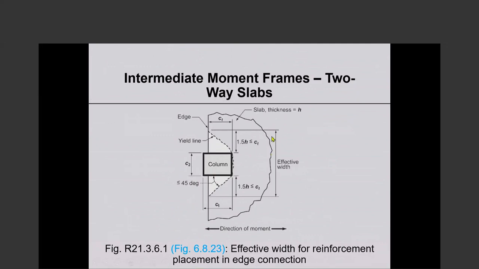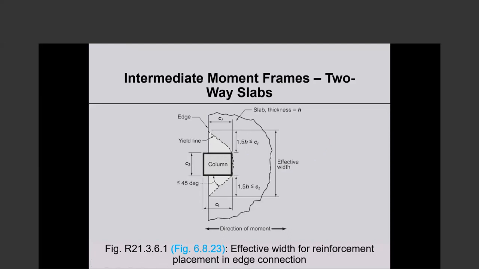So the width of the moment transfer band is C sub 2 plus 1.5 times slab thickness on either side, as I have been saying all along. What I'm adding is that 1.5 times h cannot exceed C sub t, where C sub t is the distance from the column face to the edge of the slab, even where the column goes beyond the edge of the slab.